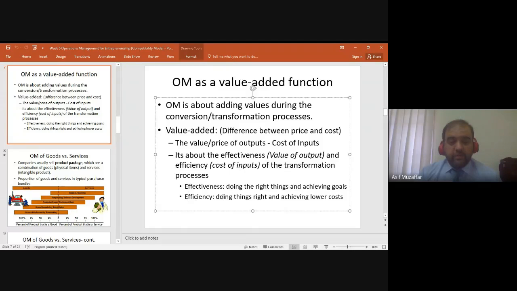And efficiency means doing things right and achieving lower cost. So efficiency always means cost effectiveness. Your cost of the product is low. So you will use methods which will lower the cost of making a product. Whereas effectiveness means doing the right thing. That means you are making a product which is good enough.